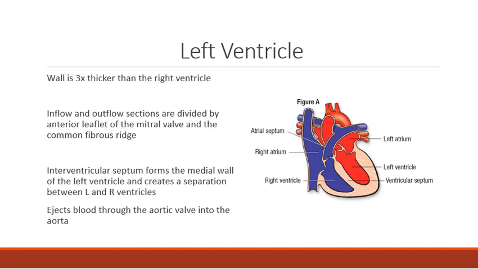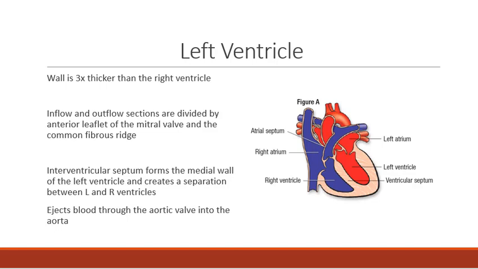The left ventricle, the wall is 3 times thicker than the right. Inflow and outflow sections are divided by the anterior leaflet of the mitral valve and the common fibrous ridge. The interventricular septum forms the medial wall of the left ventricle and creates a separation between the right and left ventricles.